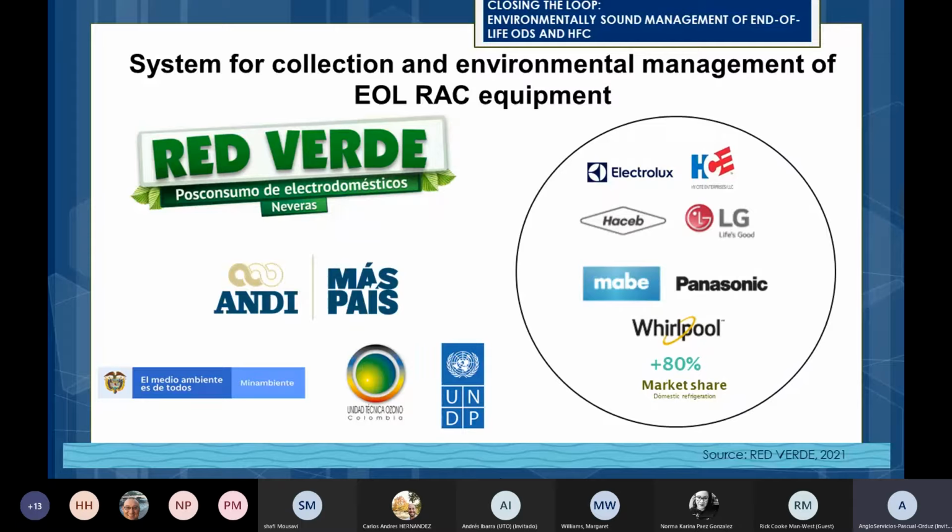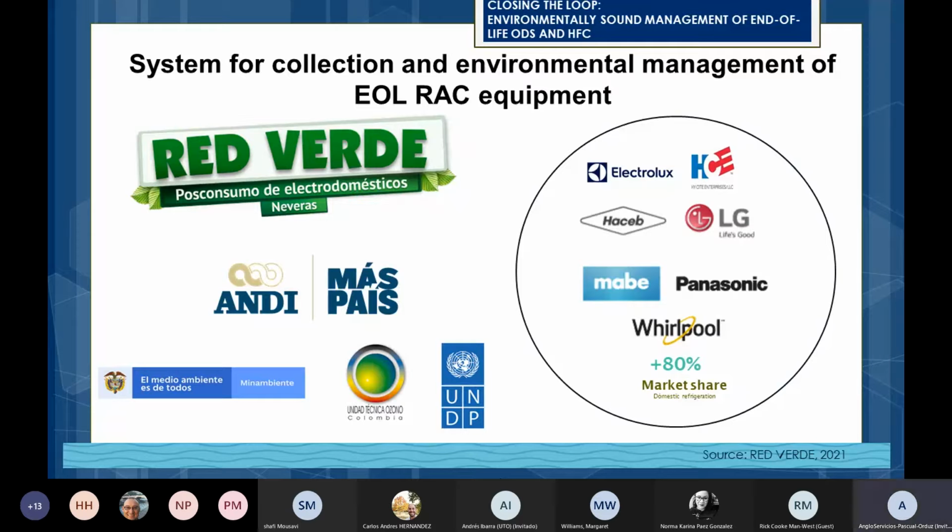At this moment, this selective collection that we call Red Verde in Spanish, Green Network, has five brands that started to work with this program in 2014, and they have some allies that are also in the process of joining the program.